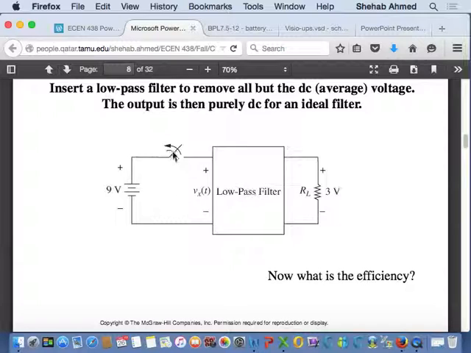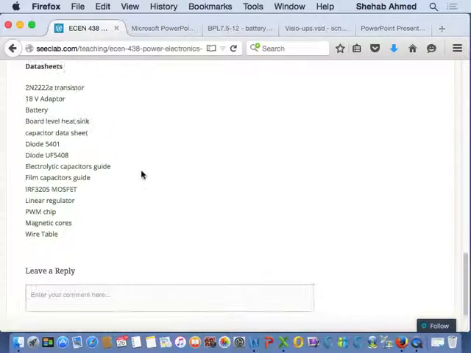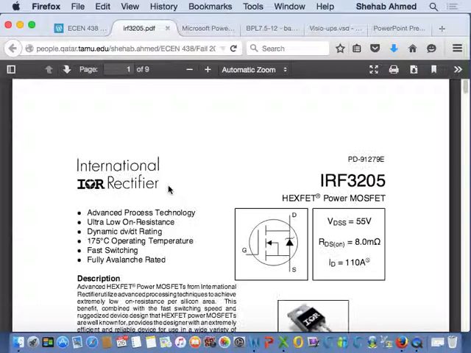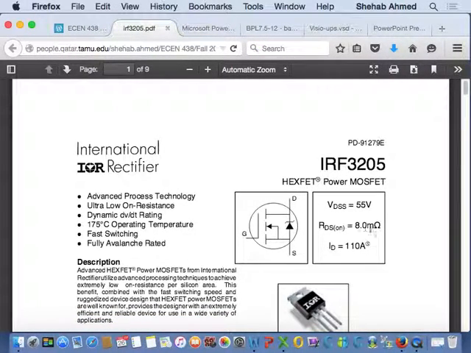Versus here, I have an ideal switch. So the ideal switch is consuming nothing, almost. These resistances are very small. We can look at the device, for example, the MOSFET device here, data sheet for a MOSFET device. This resistance is what? For this device, 8 milliohms. So if I have 1 amp flowing through 8 milliohms, my power loss is what?